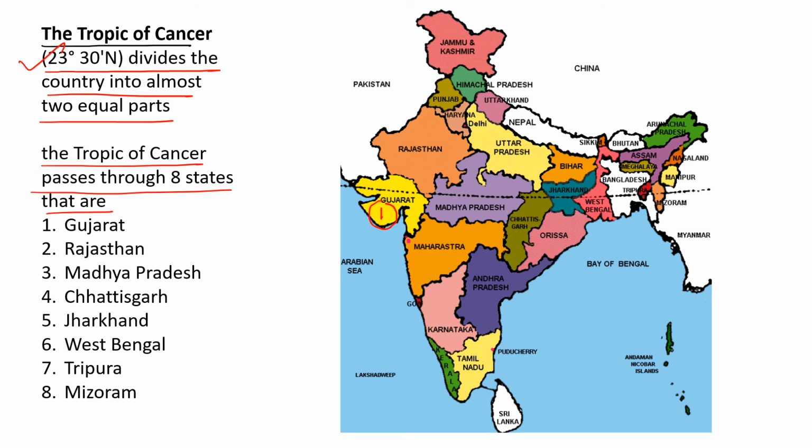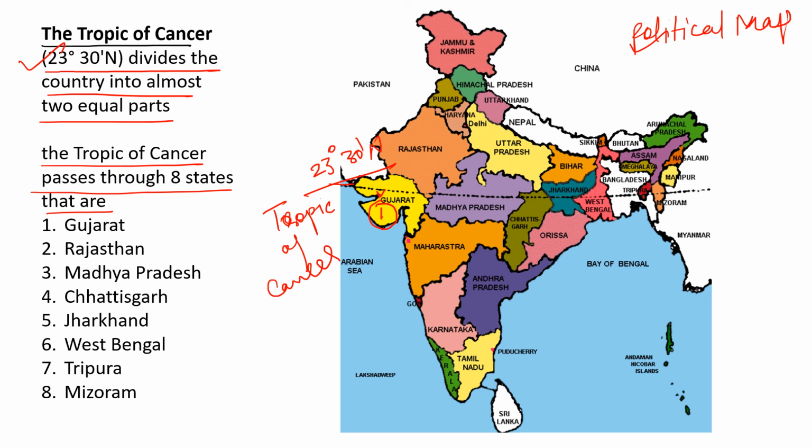You have to learn the India political map. This is the political map of India, and this is 23 degree 30 minutes north, the Tropic of Cancer.